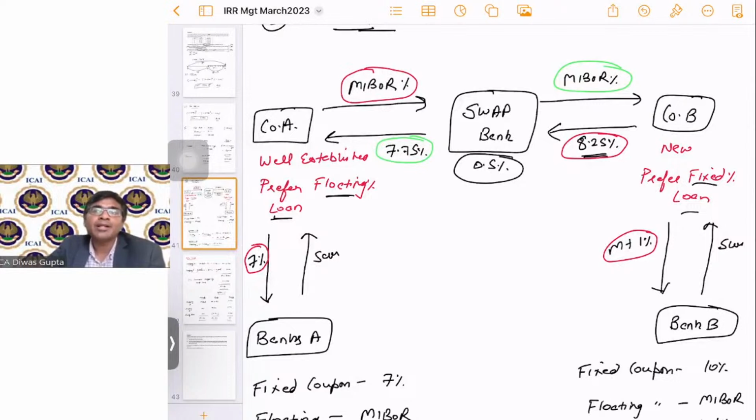And then swap bank should also take into account the higher risk of getting some sort of a default from company B. Practically, that is an important point to be considered.